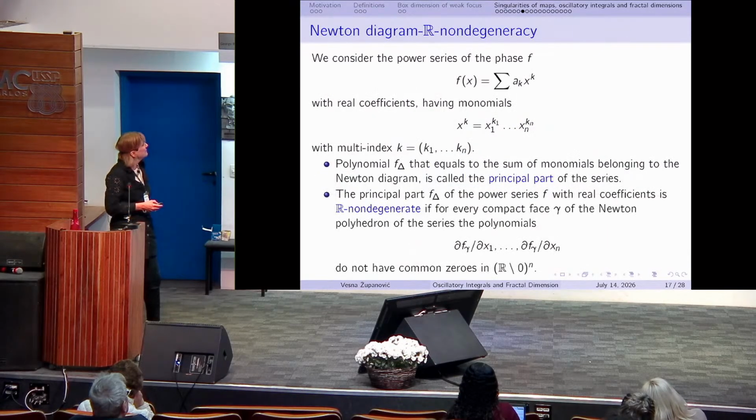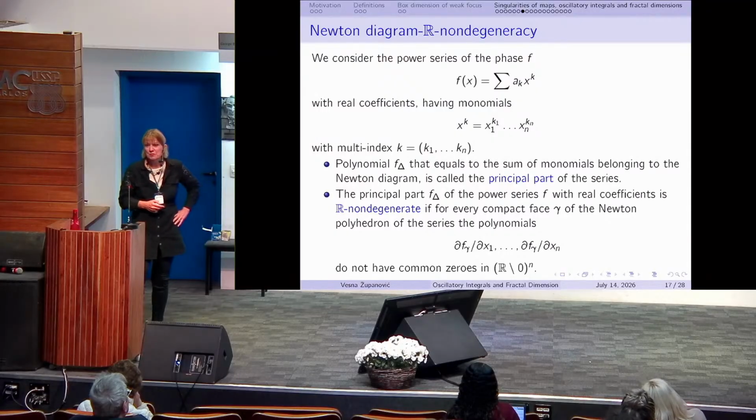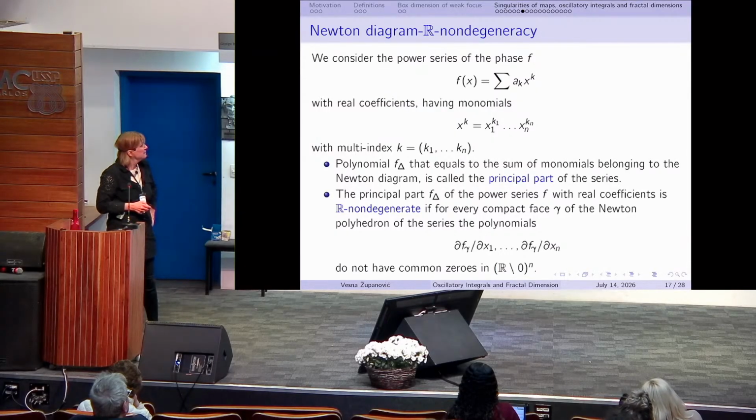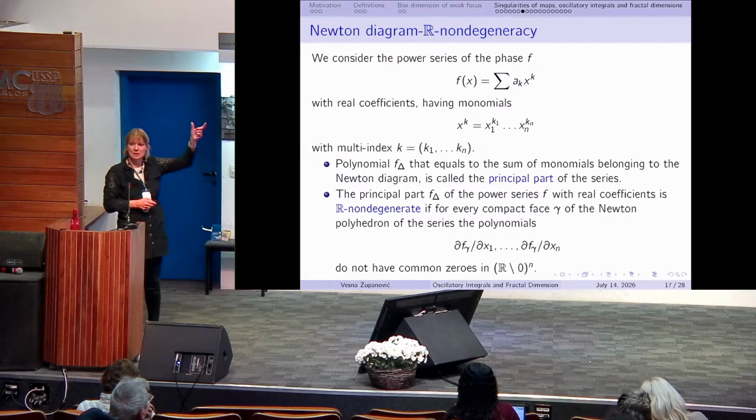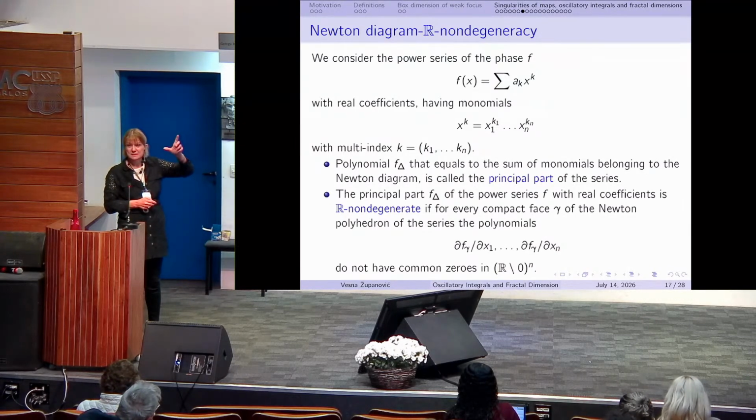And coming back, what does non-degeneracy mean? Non-degeneracy means that you take the monomials of each side. In my example, we had just one compact side, but there could be more compact sides.